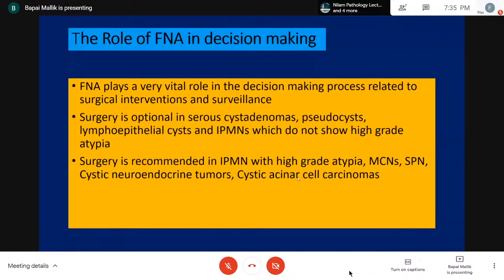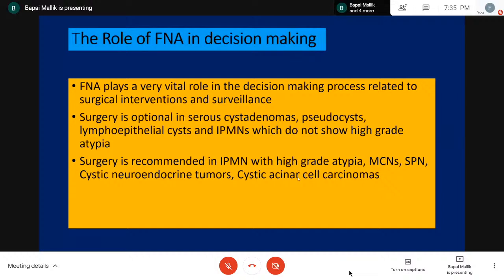So when there is a pancreatic cyst, there are three things that you can do. You can just leave the cyst, forget about it and let the cyst be, or you can decide on removing the lesion surgically, or you can put the particular lesion under surveillance.